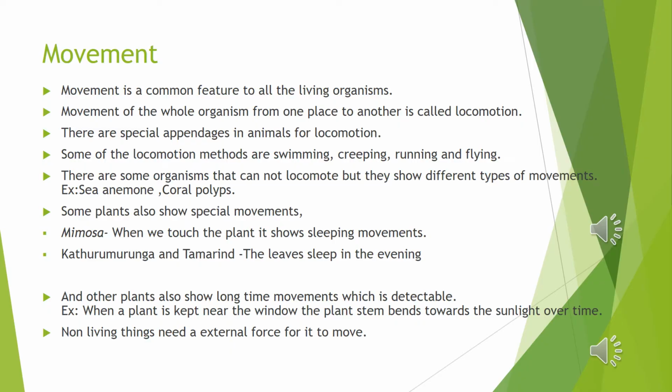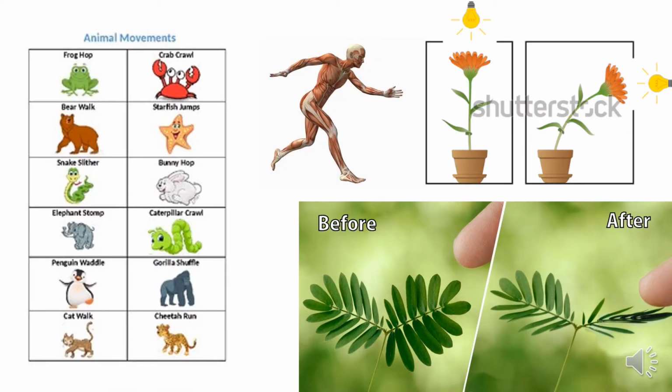Okay, kids, so you can see some of the movements that animals do, like the frog is hopping, and the crab usually crawls, starfish jumps, bunny hops. These are like very small cartoon locomotions. Okay, so now, as I said, you can see when there is light, the plant bends towards the light.